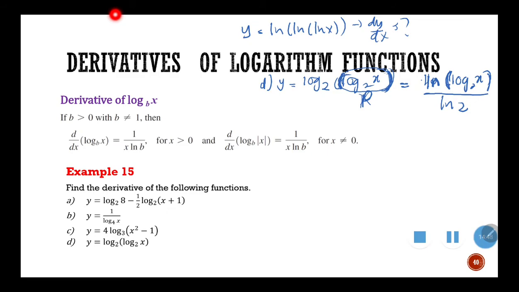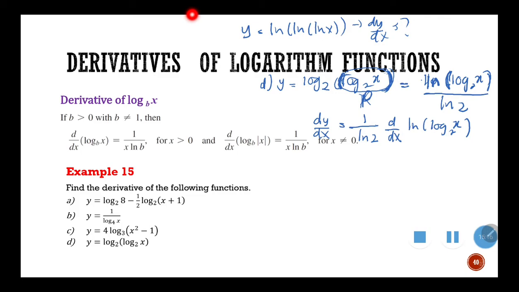Then from here, maknanya, we want to find the dy dx of this. dy dx of ln of log x base 2 over ln 2. So ln 2 is just a constant, so you may bring it out. So 1 over ln 2 times d dx of ln of log x base 2.